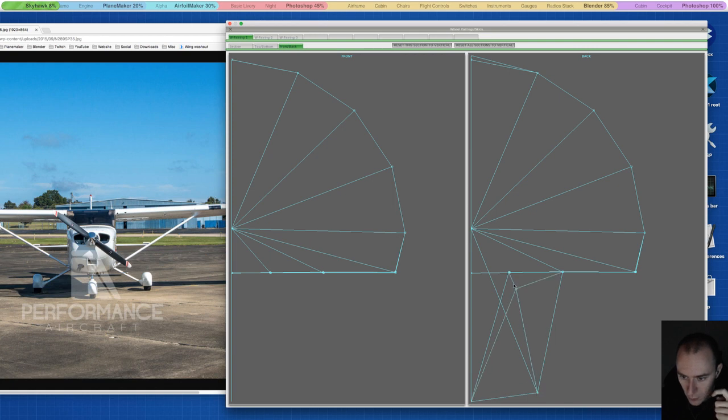Again, this should be much more straight and flat, but for now it will suffice. And this should be much more flat. So again, let's do this.